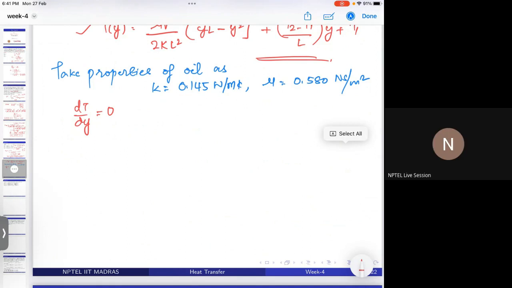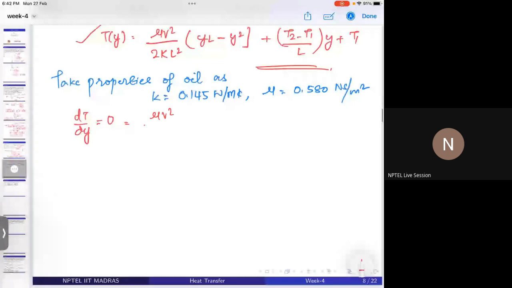Are you getting the answer? Okay, I will also start doing it. So please cross check. So dT by dy, if you differentiate, is equal to mu V square divided by 2K L square times (L minus 2y) plus (T2 minus T1) by L. The T1 term becomes 0.